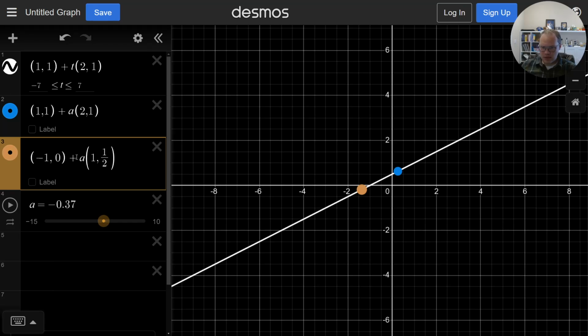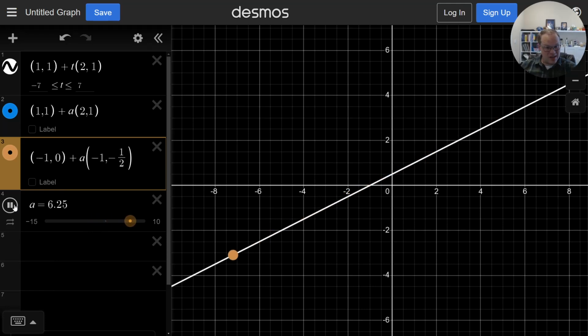What happens if I use a negative vector? All I'm doing is flipping the direction of the vector, and so it's still parallel to the line. It's still a direction vector for the line, but now it's pointing the other direction. What's going to happen? Now I'm changing the direction of motion. See how that orange dot is going in the other direction?